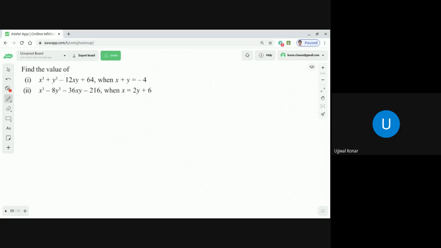Sir, actually after checking, I found out that it should cancel itself because 12xy minus 12xy is equal to 0, sir. So is that why I didn't get any marks out of 1?